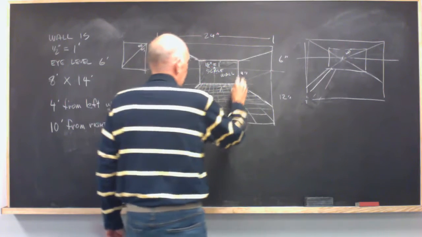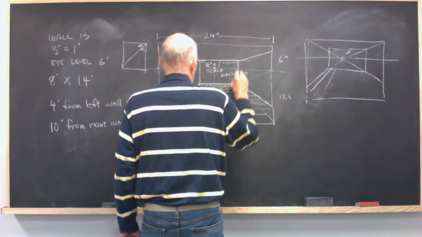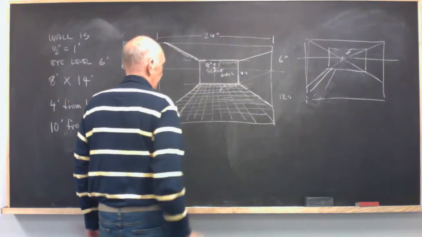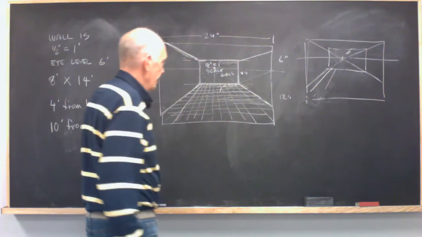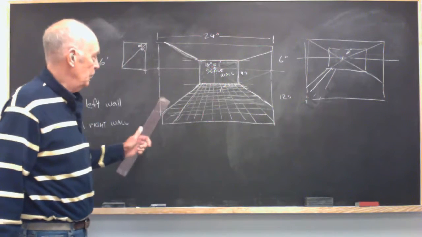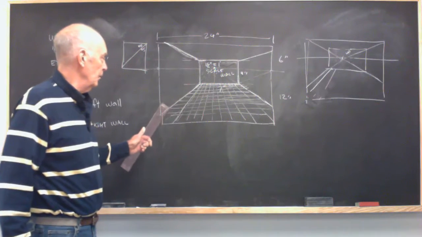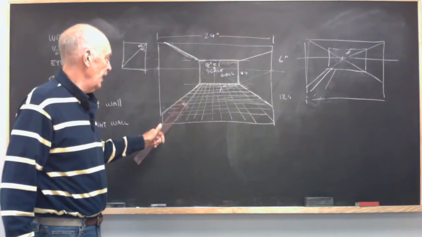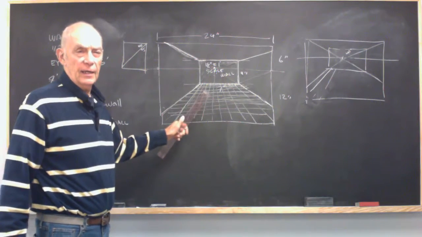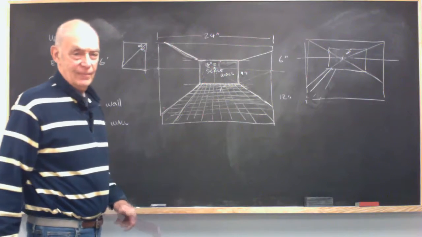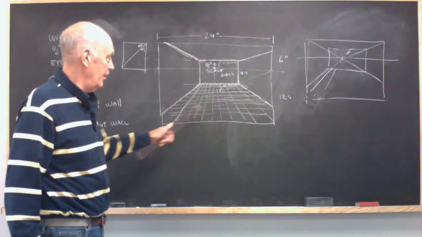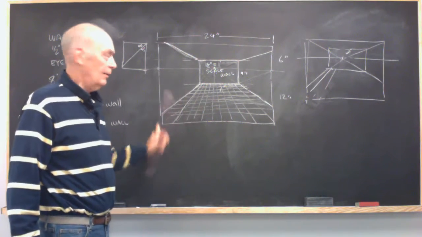Because it's 4 inches tall, or 8 feet, and it's 14 inches wide. Now, if I want to find a point somewhere in the room here, I just count down and over. So I can locate anywhere in this room that I can see. Wherever I see a grid, I can establish a point.